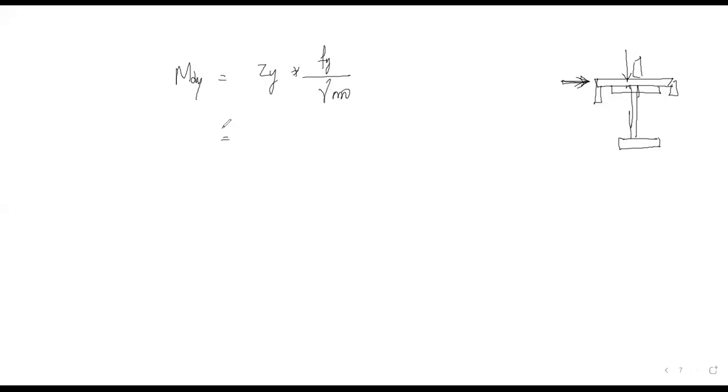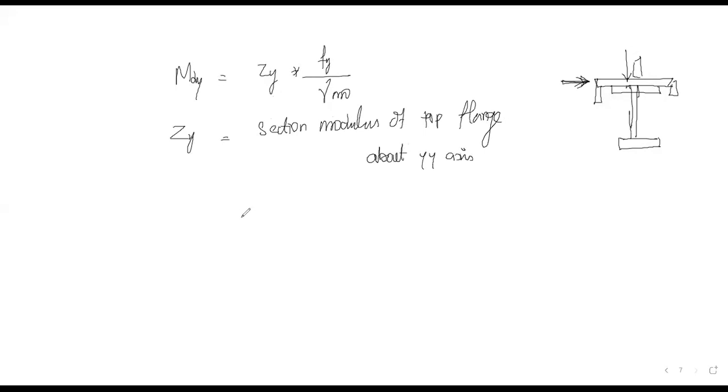Okay, so ZY is nothing but the section modulus of the top flange about the YY axis. Okay, so IY of the beam, so with respect to here. Okay, and only the top flange, so we are going to deal with only this portion.